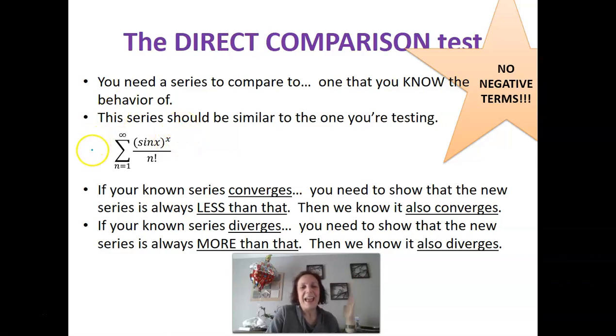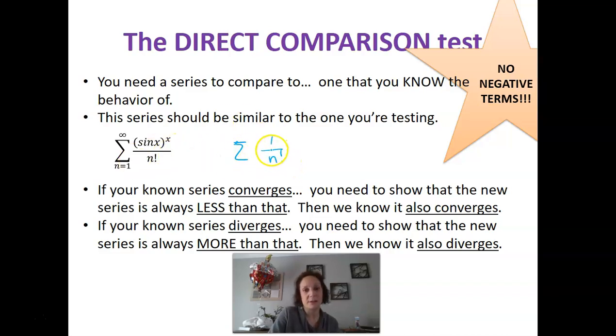Right? And I rewrite my series without all the who cares things. So I look at this and I say, okay, sine of x, what's that ever going to be? Some number between -1 and 1? All right, well, watch me write this new series, 1 over n factorial. Now this is going to be the series I compare to.